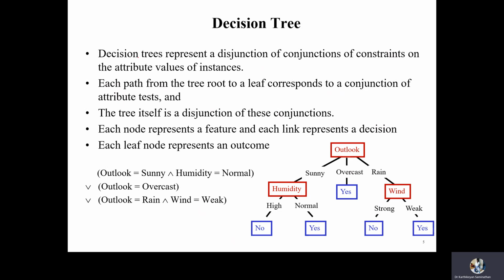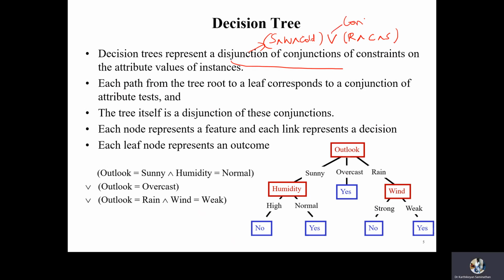That is what I said, this is a disjunction of conjunctions. For example, sunny and warm, again, conjunction, again rainy and cold.